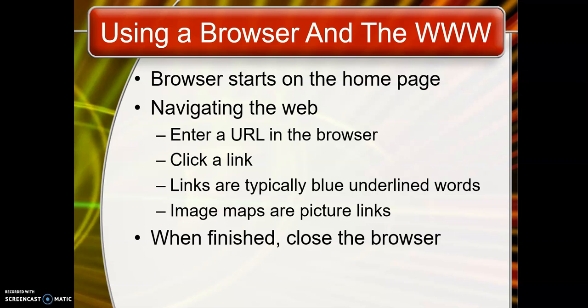From the home page, you can link to several other sub pages by entering the URL and using hyperlinks. Enter a URL in the browser. This is the main link you use to access the web page. Click the link. Links are typically blue underlined words. Image maps are picture links.